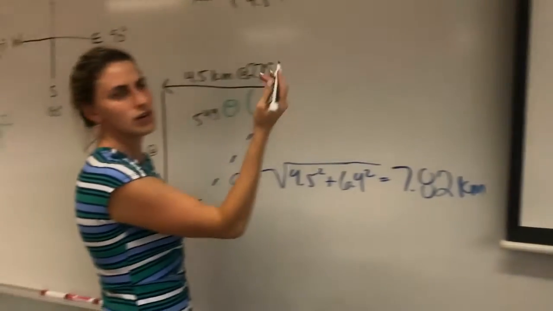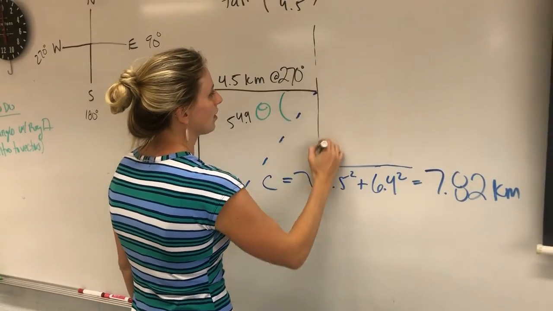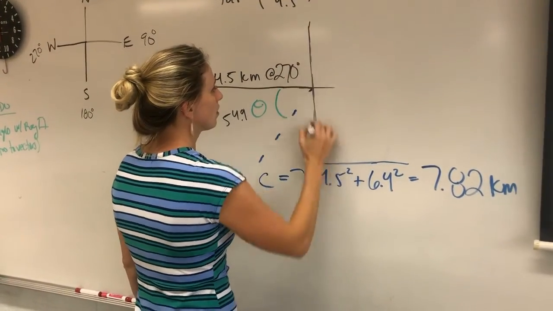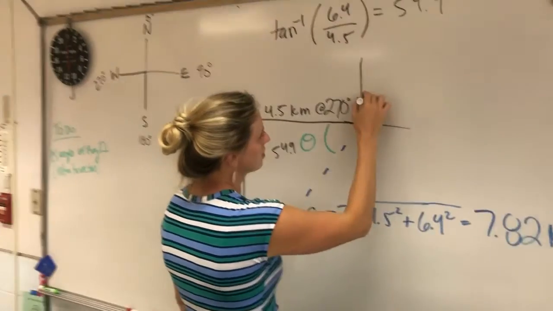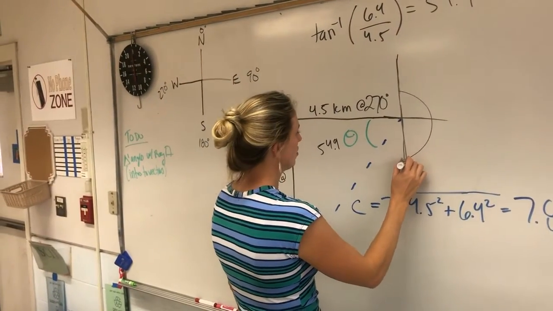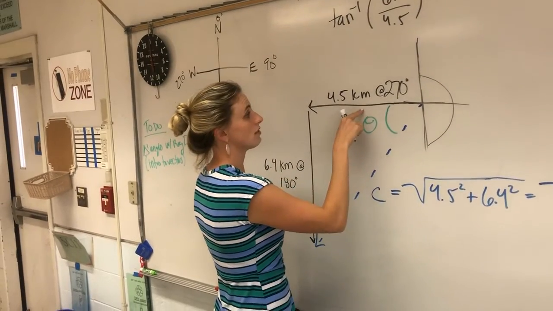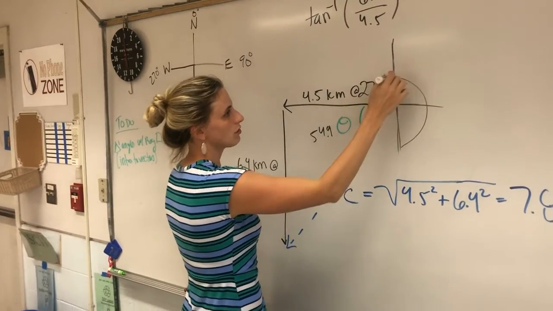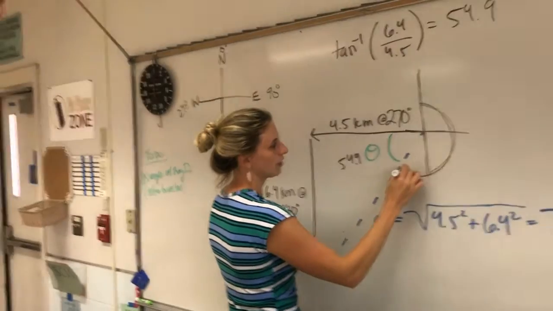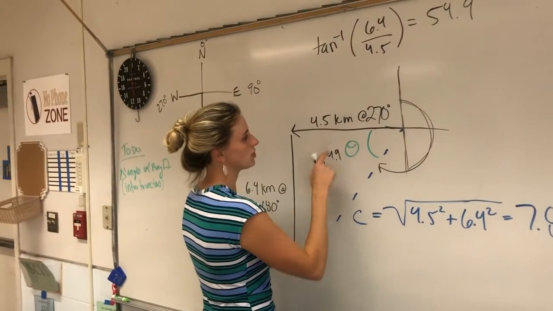I don't know how you like to do it, but I like to think, okay, here's my compass. We know this is 180. This is 270. So we want to know this angle, right? Can't we just do 270 minus this?